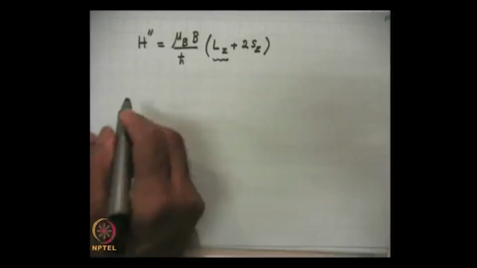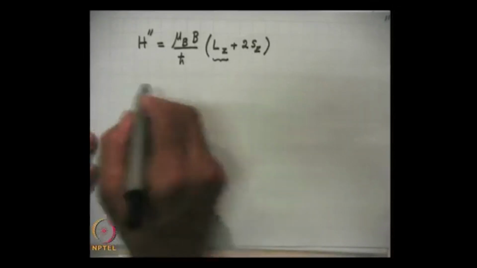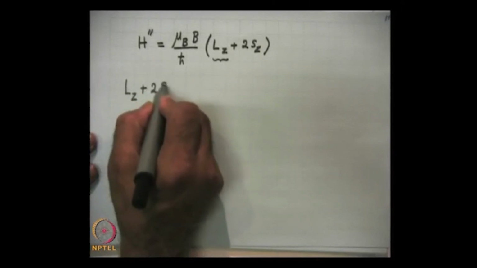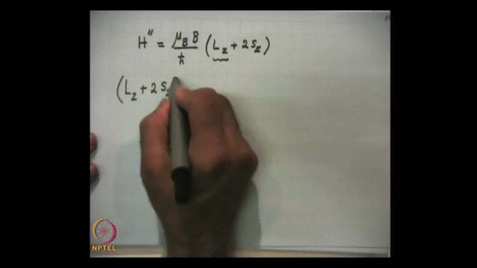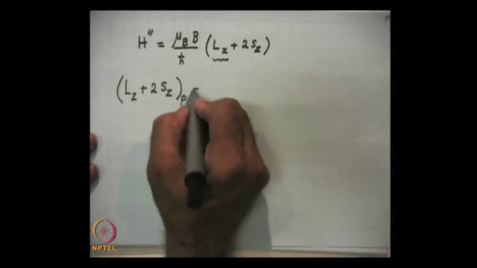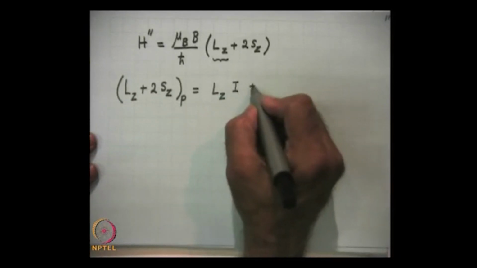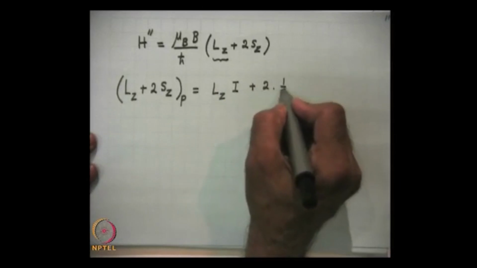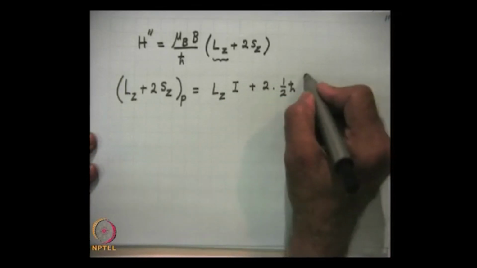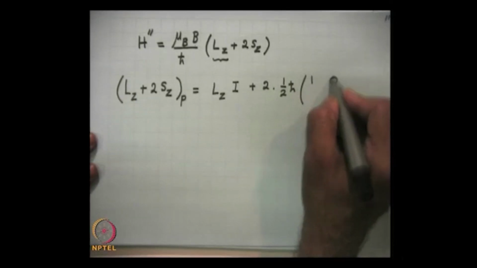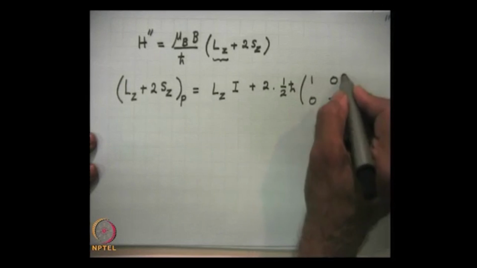So, what is the corresponding Pauli operator for that? You will have Lz plus 2Sz. The Pauli operator will be Lz times the unit matrix plus 2 Sz, which will be plus half h cross times the sigma z matrix, the Pauli z component, that is 1 0 0 minus 1.